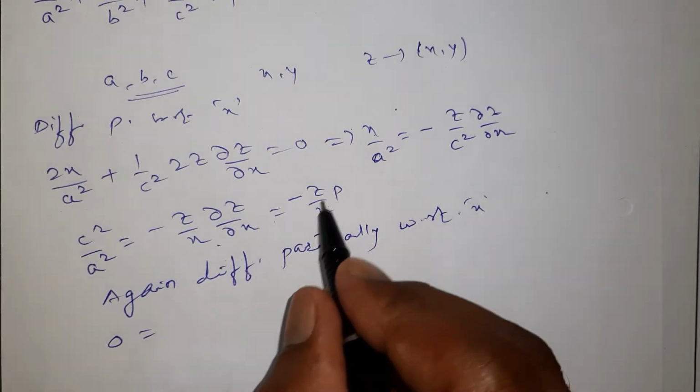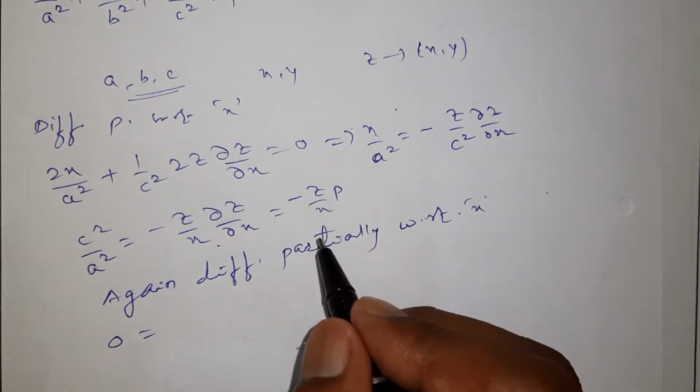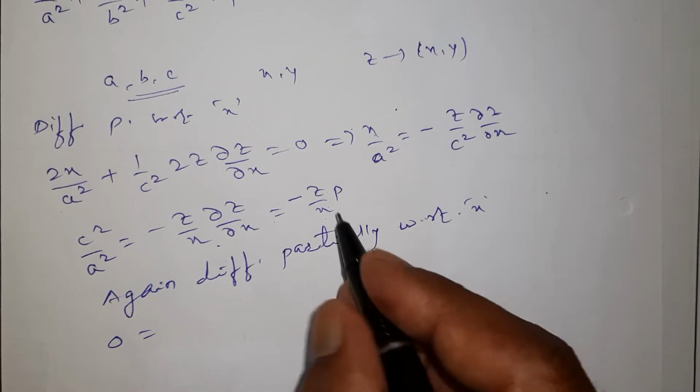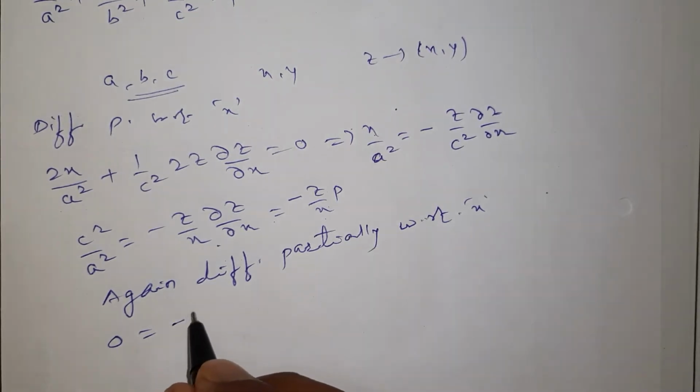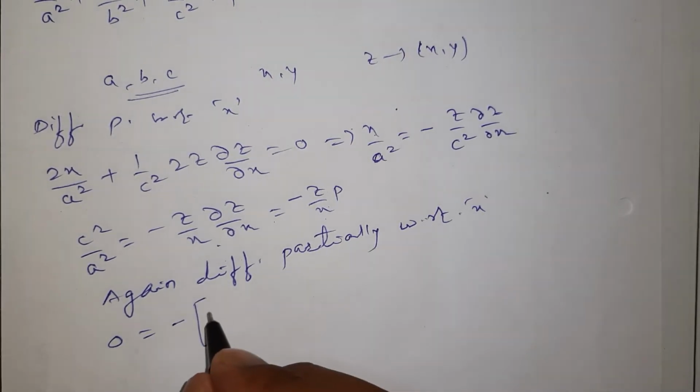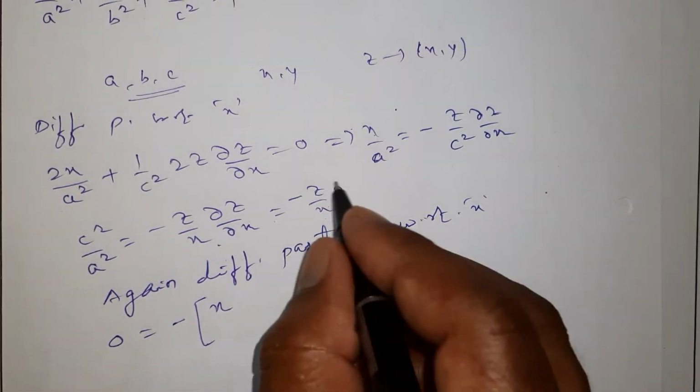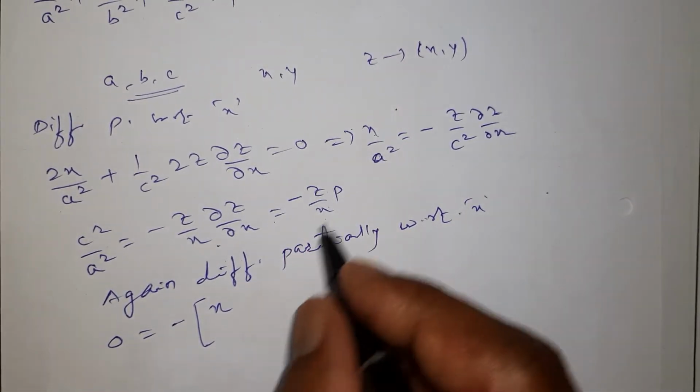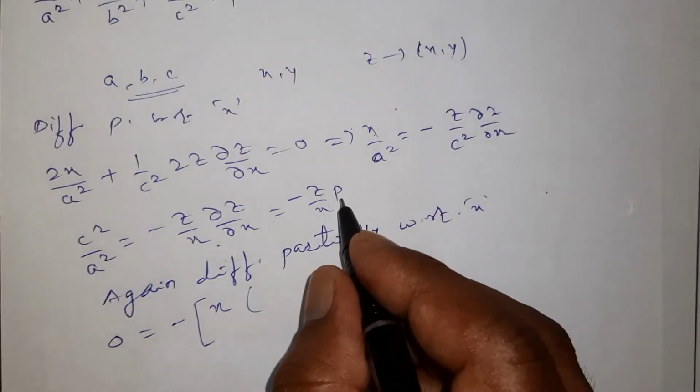Now x is at the denominator and zp is the numerator. Use the u upon v rule. So the minus sign as it is, x into derivative of this term. What is the derivative of zp? Yes, u into v rule.